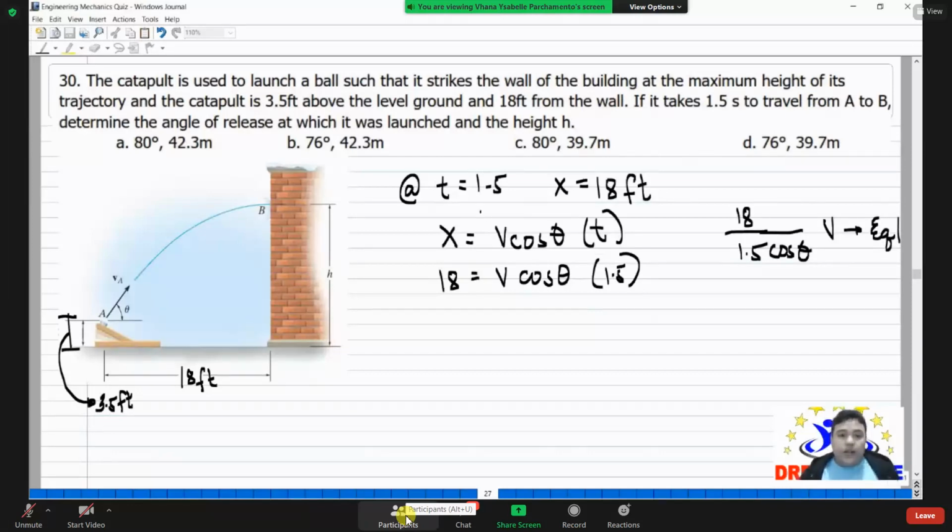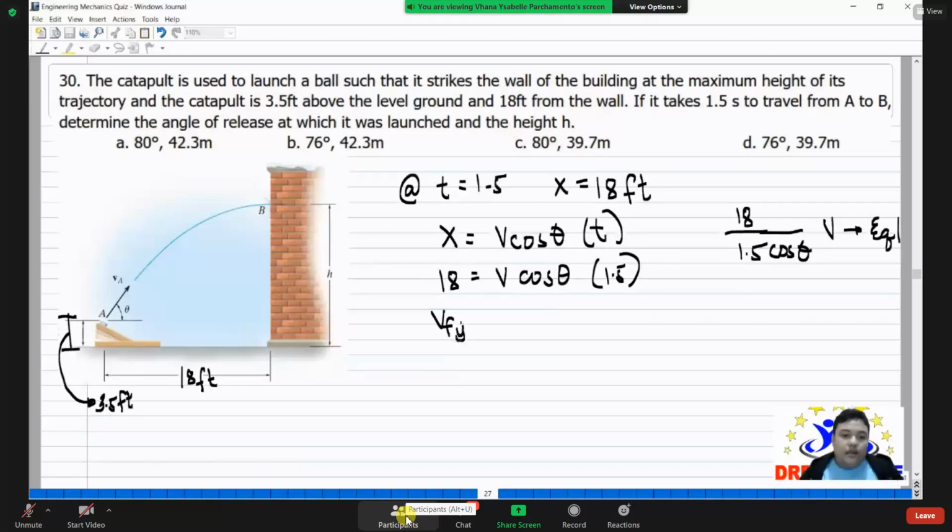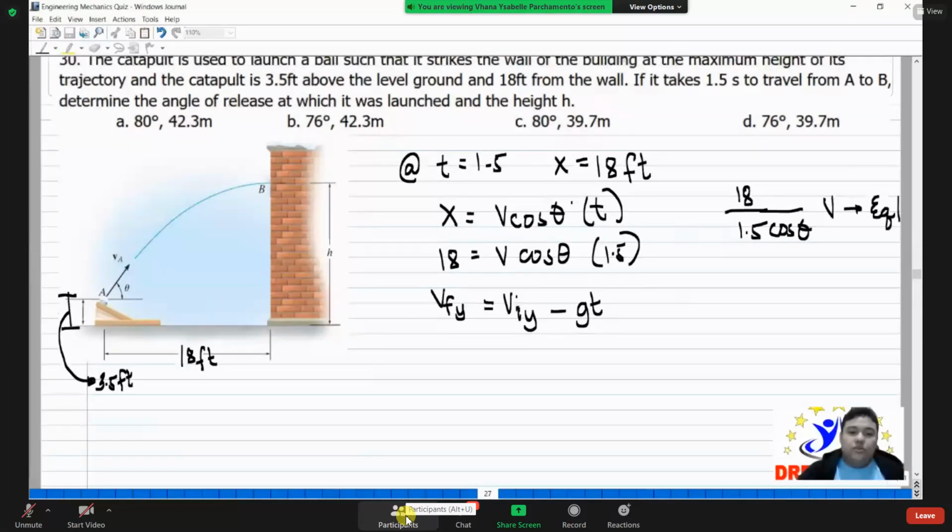The next other equation para makakuha tayo ng mga equation: yung ating final velocity and initial velocity. So Vfy, in the y direction, is equal to initial velocity in the y direction minus gt. Equation of motion yan.